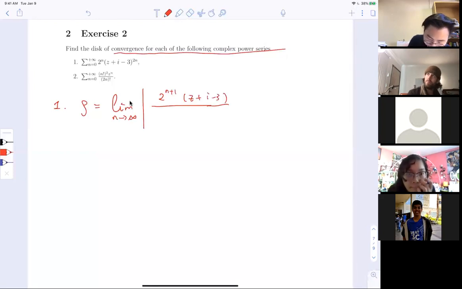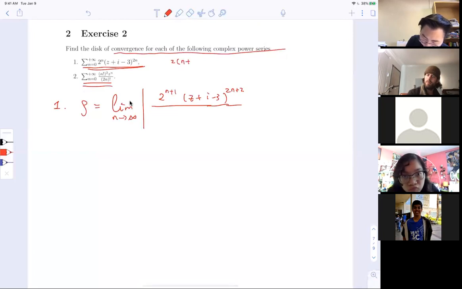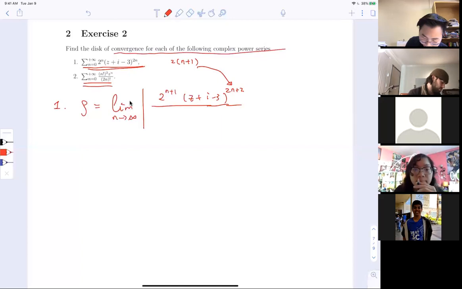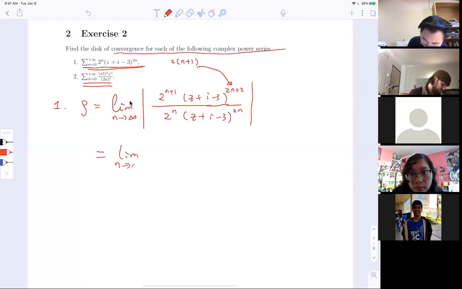By the way, you can take a look at this problem. Here it is 2n plus 2, because it's like 2 times n plus 1, then it's 2n plus 2, right? The power here. You can simplify this. This one gives us 2.